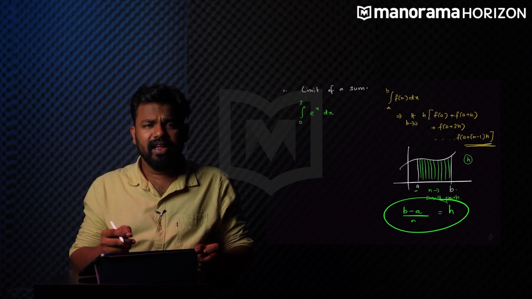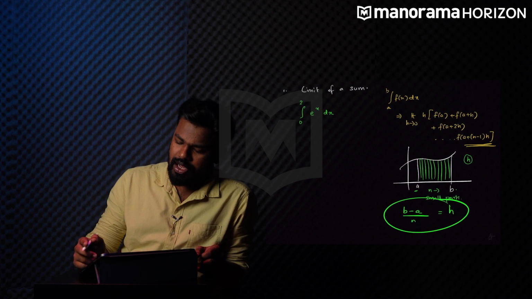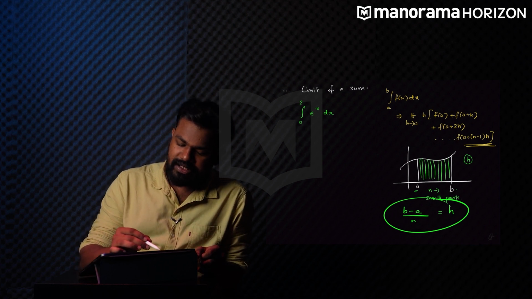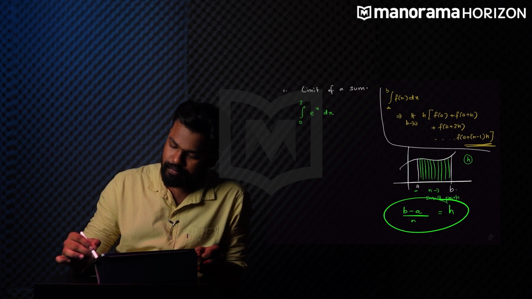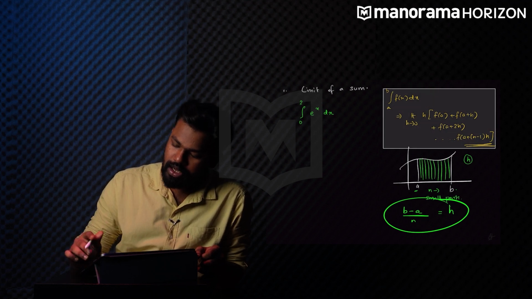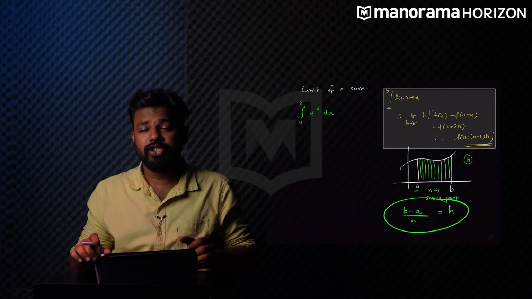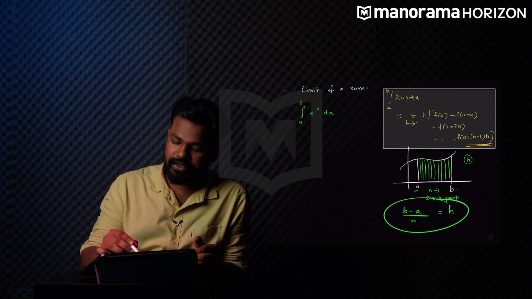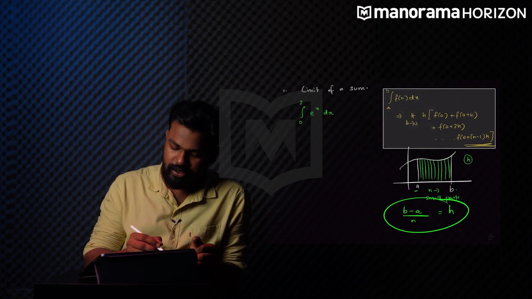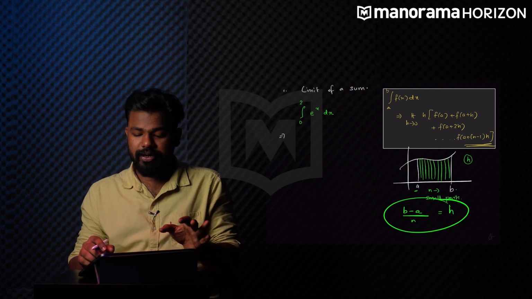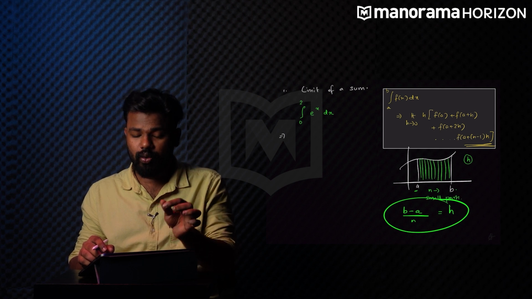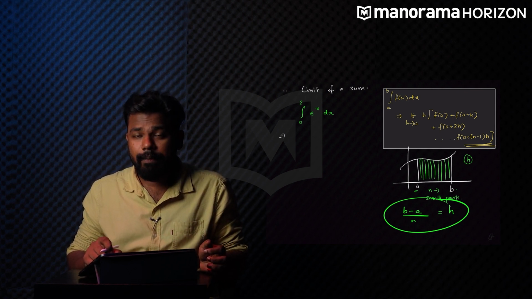Now, using that, can we do this question over here? So, the formula that we just studied here, if I am going to substitute inside this formula, what happens? Let's substitute in the formula. So, this one can be written as integral 0 to 2 e raised to x dx can be written as limit h tends to 0, h into, what is this h? b minus a by n, right?